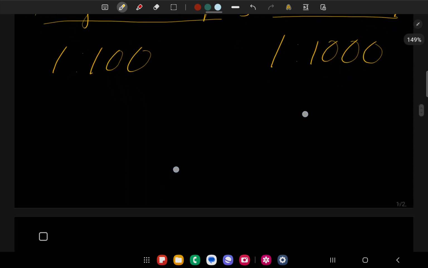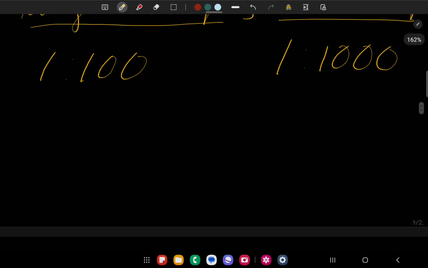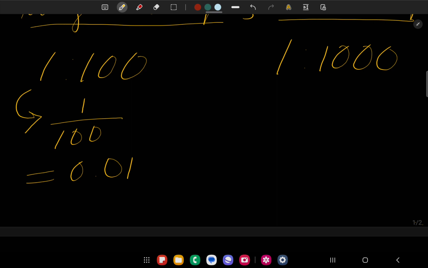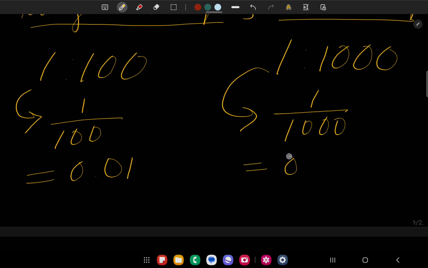So simply take a ratio. It will become 0.01, and what about this? 1 by 1000, it will come 0.001.